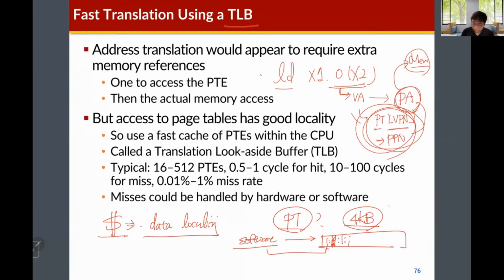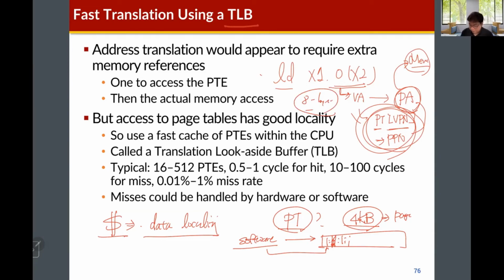And the size of a single page is relatively large compared to the size of data requested by a load instruction. Actually we execute this load double word. The size of the data requested by this load instruction is 8 bytes, and compared to 4 kilobytes, 8 bytes is very, very small.